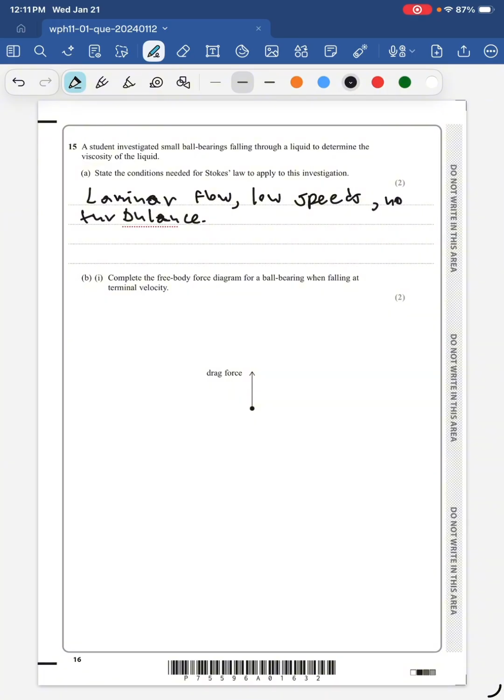Okay, part B, complete the free body force diagram for a ball bearing when falling at terminal velocity. So we have the drag force, we have the weight, and we also have the upthrust, right? And the upthrust is in this direction.